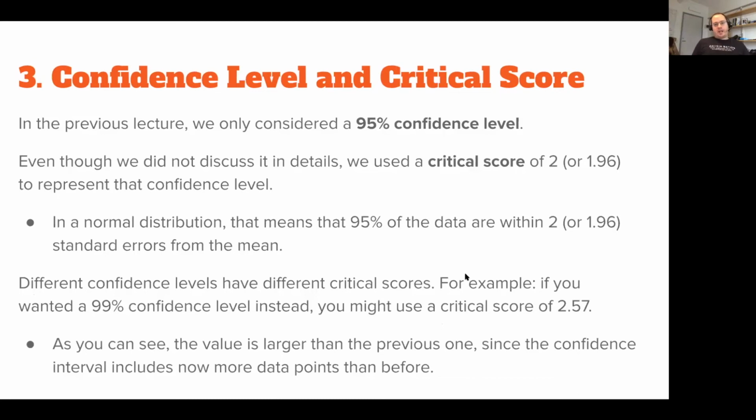So one important difference between what we did before and what we're doing now is the difference between the Z and the T. At the end of the previous lecture, I talked to you about the fact that the Z test, when you just take a number and find the confidence interval using that number, was not very accurate when it comes to real world data, because, depending on your sample size, you're estimating the population standard deviation from the sample standard deviation.